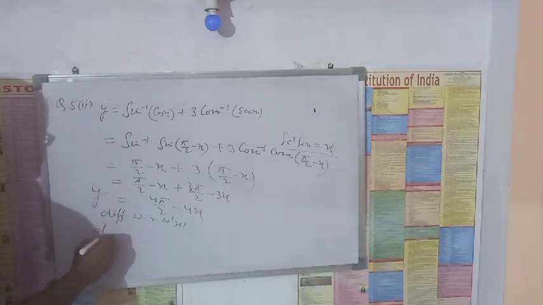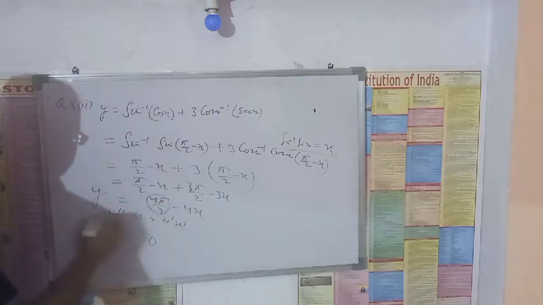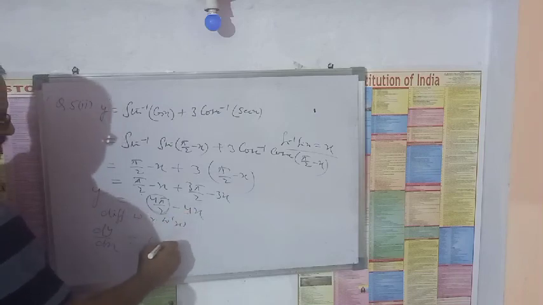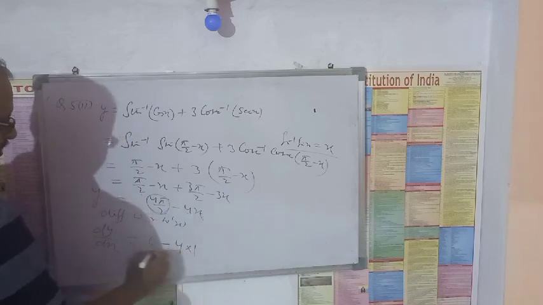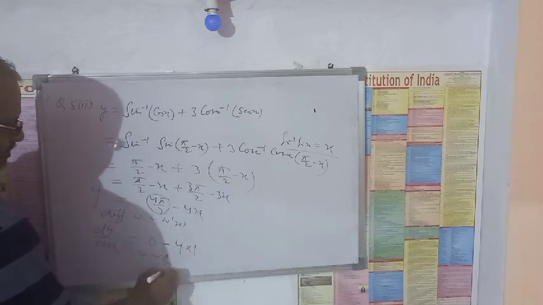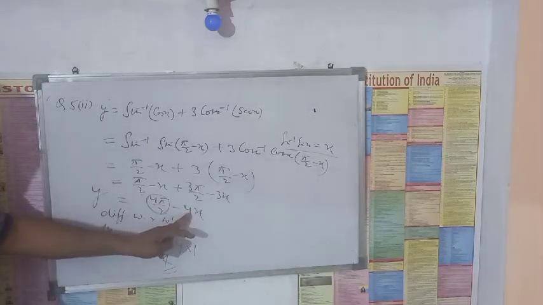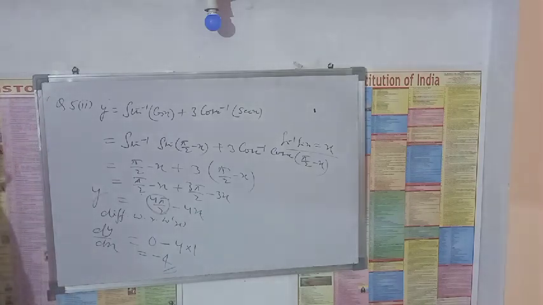On the left side we write dy by dx. This one is constant, so what will be the derivative? 0. Derivative of minus 4x: 4 is constant, derivative of x is 1. So it is only minus 4.